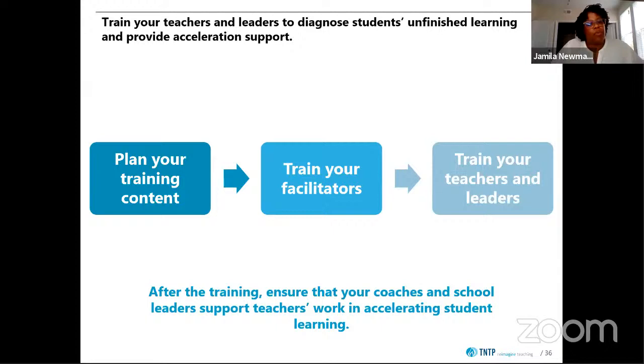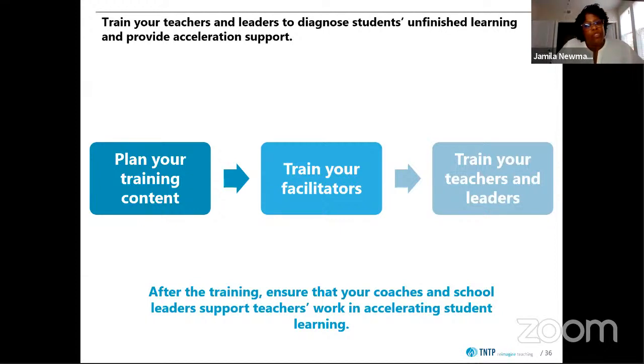You'll likely provide support around social emotional learning strategies, potential training for at-home learning, should it need to occur, and public health training. But in addition to all of that, we think it's really important that you have a solid plan in place for supporting teachers and leaders to accelerate rather than remediate student learning.